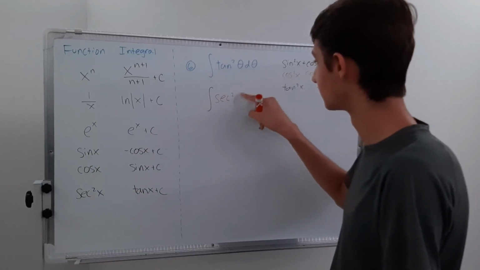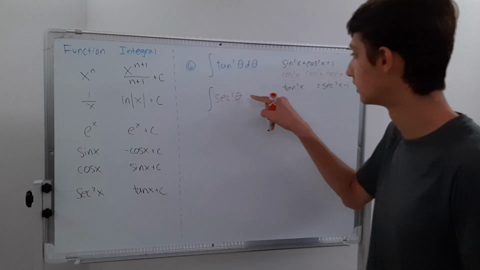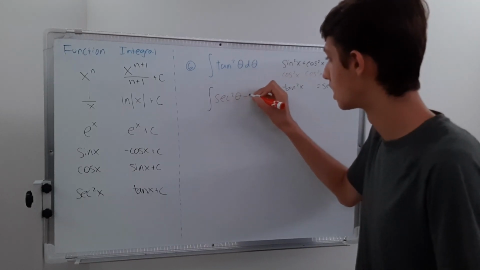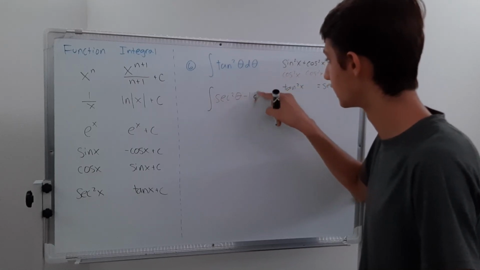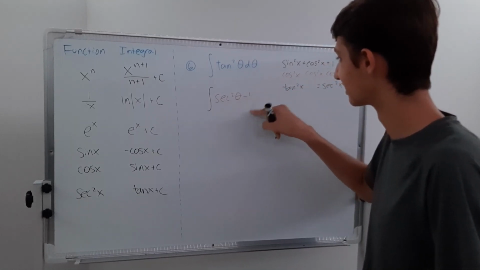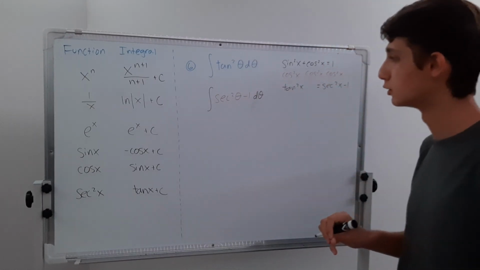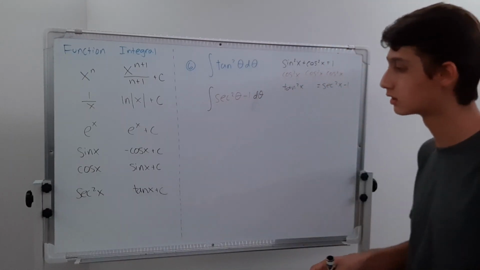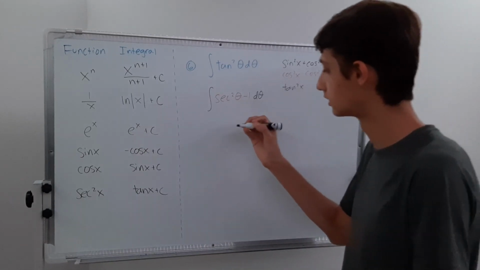Actually, I like to do my thetas like that, but it's best if it's like that. Minus 1. And we are doing d theta. Man, I need to learn how to use markers. D theta. Okay. So, we know that the integral of secant squared is tangent.